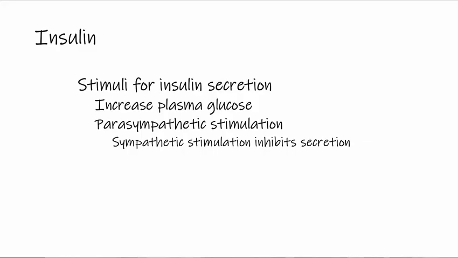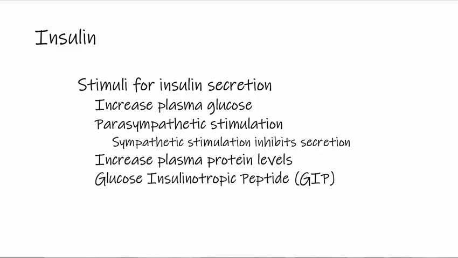In this case, sympathetic stimulation will inhibit insulin secretion. An increase in plasma protein levels will cause an increase in insulin secretion. And a substance called glucose insulinotropic peptide, or GIP, will cause insulin secretion. This will be a substance we'll talk about in the GI tract.